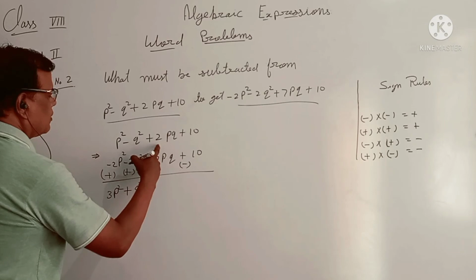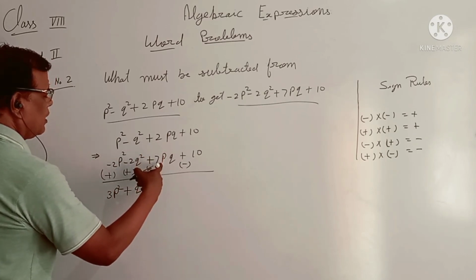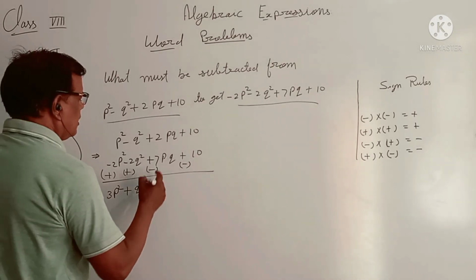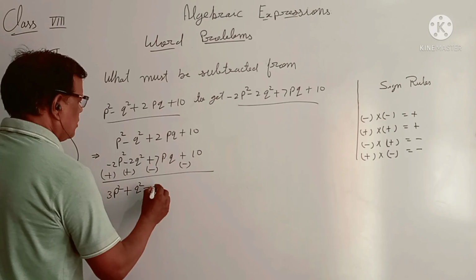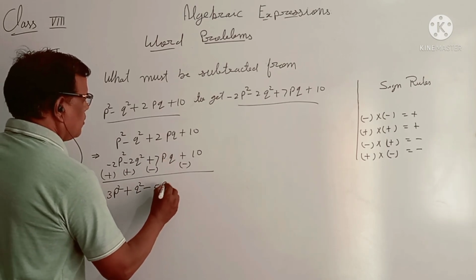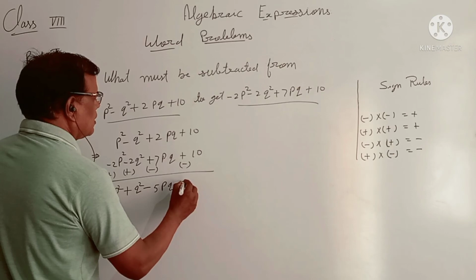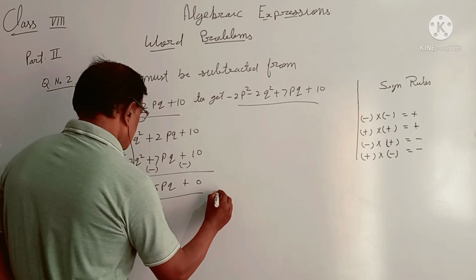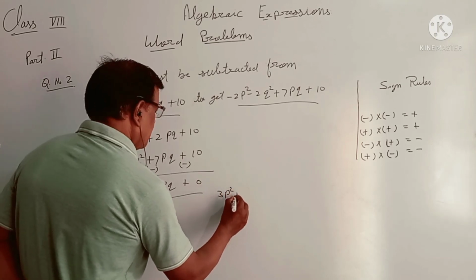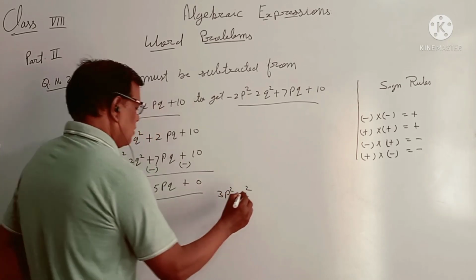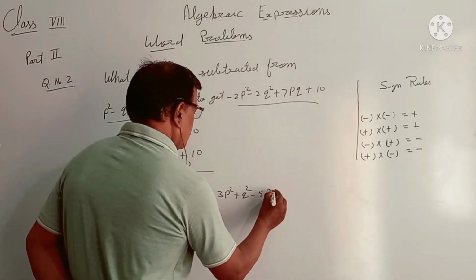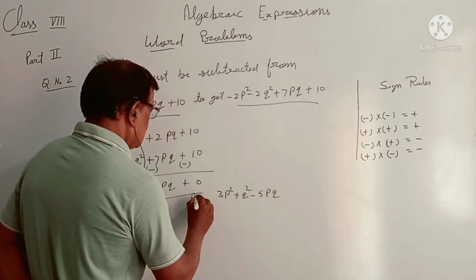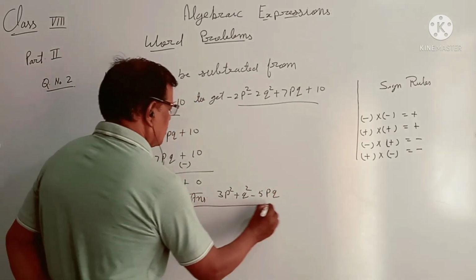In the next term the negative value is greater, so we will put the minus sign, and 7 minus 2 is 5pq, and 10 minus 10 will be 0. Now the answer will be 3p square plus q square minus 5pq. P and Q, it is our answer. This way we can solve the problems.